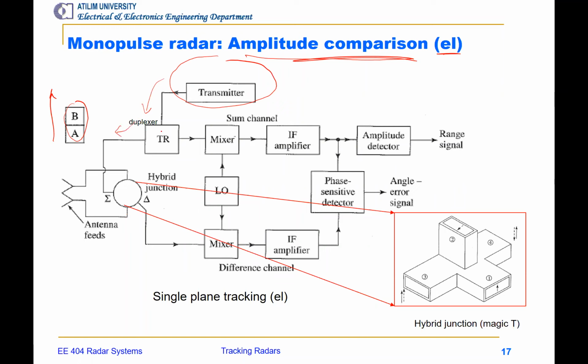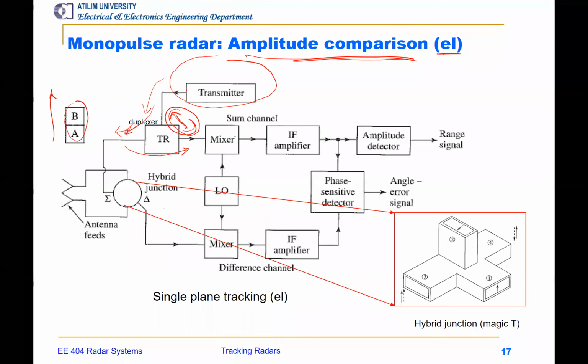Duplexer, as you might remember, is a three-port device which allows a signal coming from the transmitter to go to the antenna. If there is a signal coming from the antenna, it passes through the duplexer and is fed to the mixer. If we talk about the signal between the transmitter and receiver, there is an isolation.